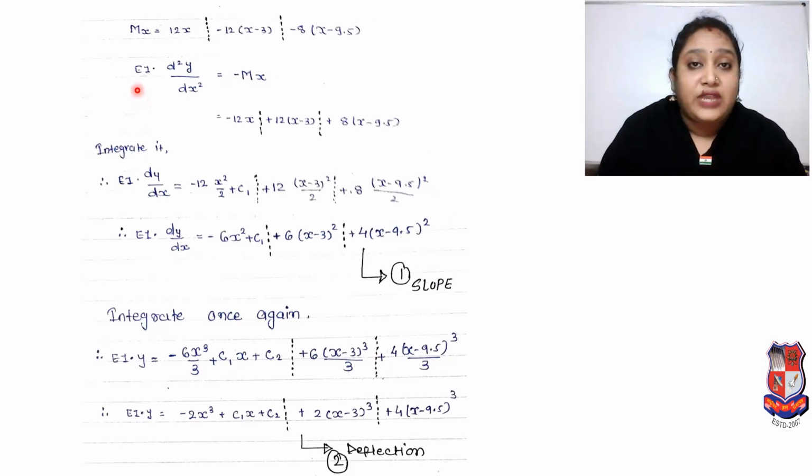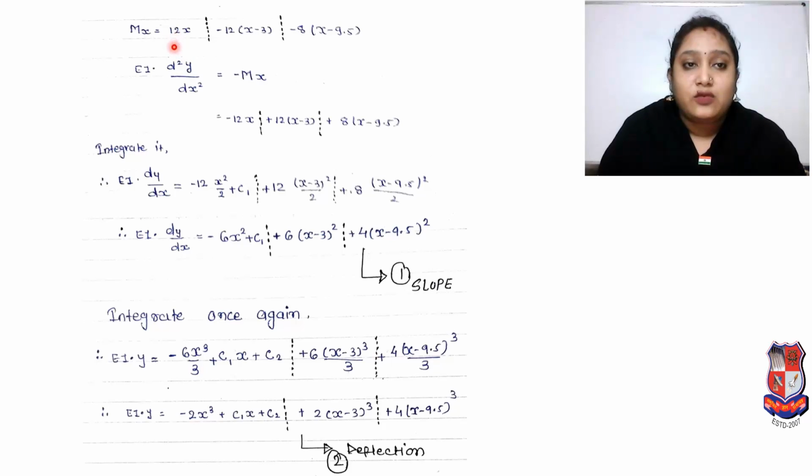Now we have those three equations from very initially. I told you to remember that because three equations will be helpful to calculate the problem. So here we use those equations. EI into d square y upon dx square is equal to minus Mx. We have already calculated Mx in that form. So here we have to consider it as negative because it is minus Mx, so that Mx will be in minus.